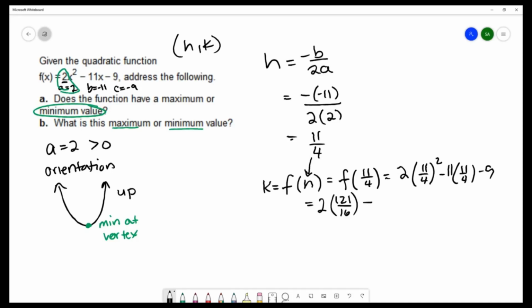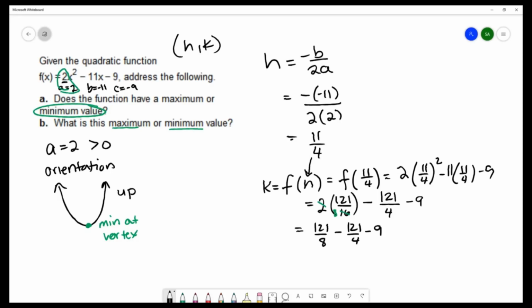And 11 times 11, that's 121 over 4 minus 9. And then I can reduce this fraction a little bit because the 2 will cancel with that 16. So I have 121 over 8 minus 121 over 4 minus 9.